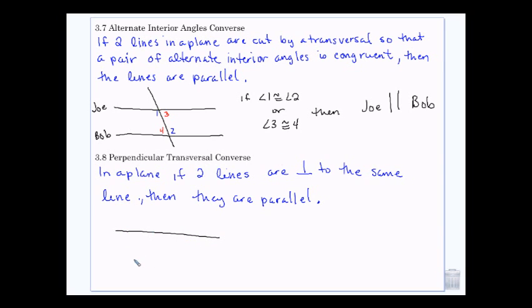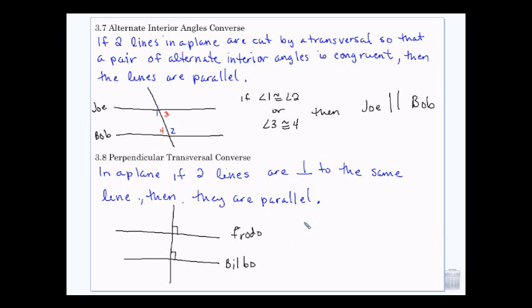in a plane, Frodo and Bilbo, and they are perpendicular to the same line, then they're parallel.